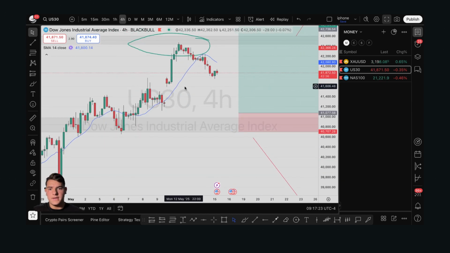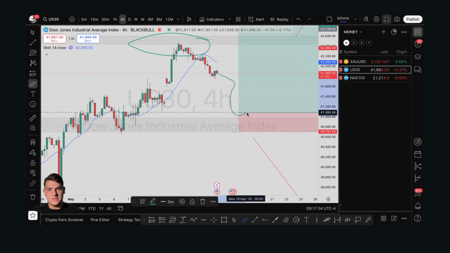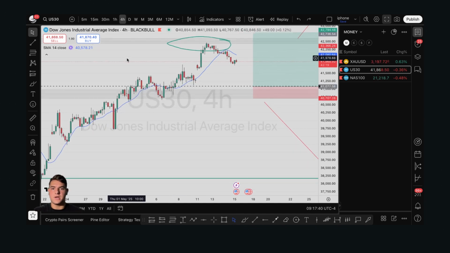I'll add something like an alert right here. So when price comes and taps this area, pulls back, taps this area, starts moving around, I get an alert on my phone or on the computer to see how price is moving.